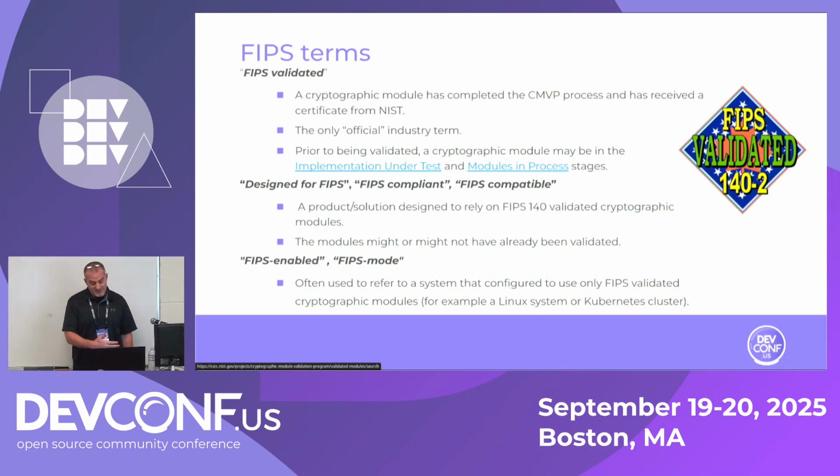So implementation under test is the term they use for when your module is still being tested by the accredited laboratory. Modules in process means it's been submitted by the lab to the CMVP and they're reviewing it. So you could tell your customers, yeah, we've submitted it, it's under test, or it's in process.